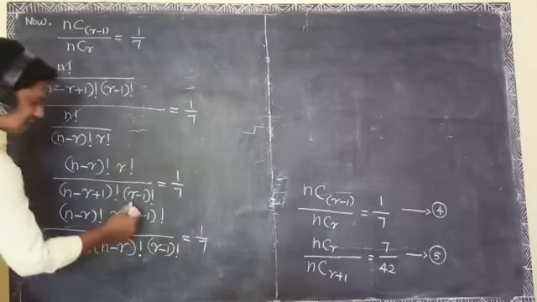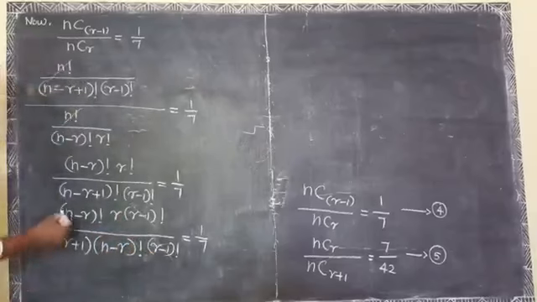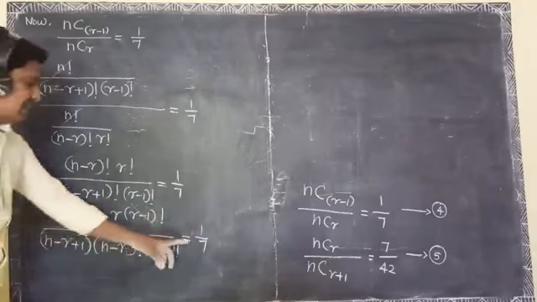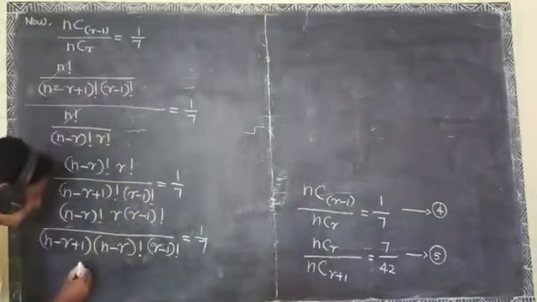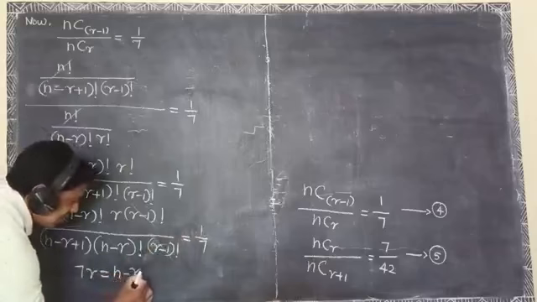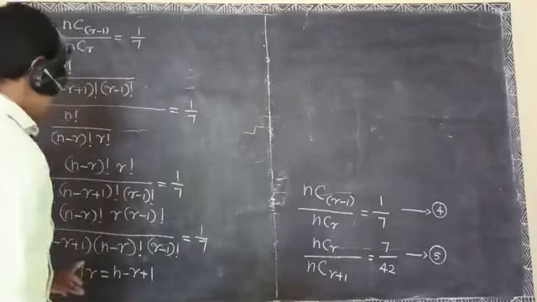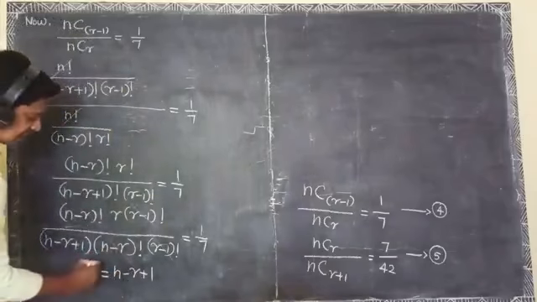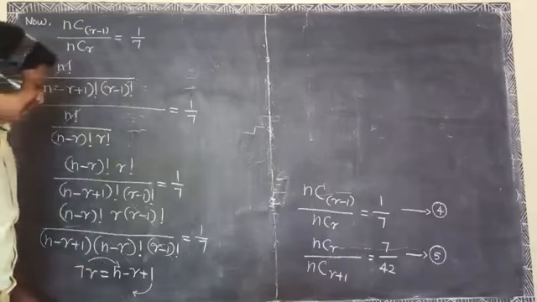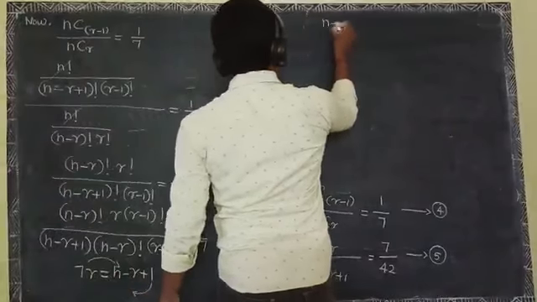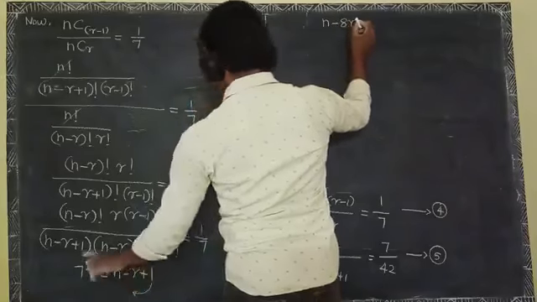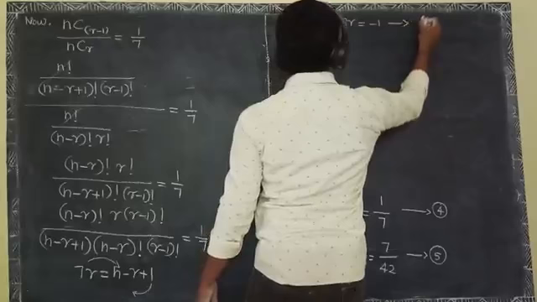Using cross multiplication, that is 7r equals 1 times (n minus r plus 1). 7r goes to the right hand side with a negative sign, and the constant goes to the left hand side with a negative sign, that is n minus 8r equals minus 1. This is equation number 6.